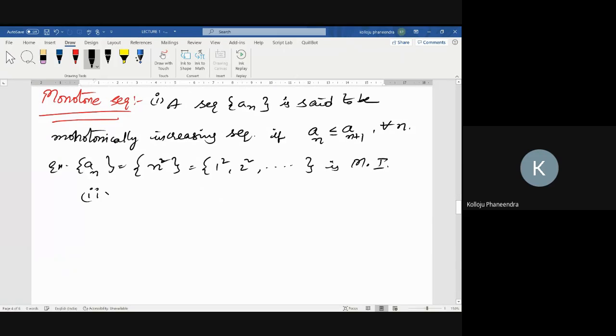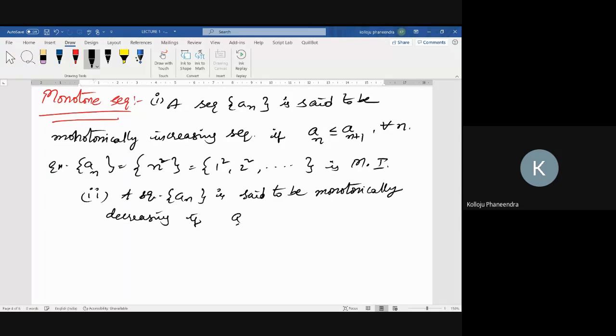Second one, the sequence a_n is said to be monotonically decreasing if the nth term is greater than or equal to the (n+1)th term.